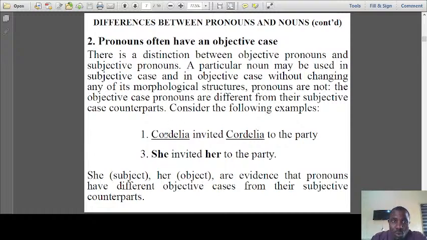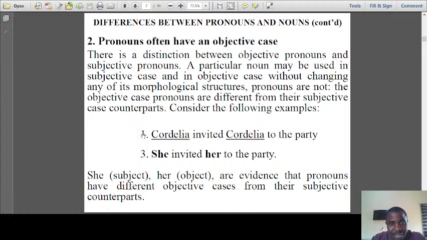But we are saying that pronouns often have an objective case. So the objective case pronouns are always different from the subjective case pronouns. But the difference is not noticed in nouns. The noun you use in the subject is also the same you use in object. There is no difference.